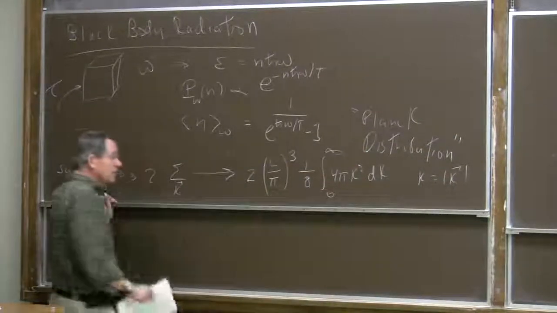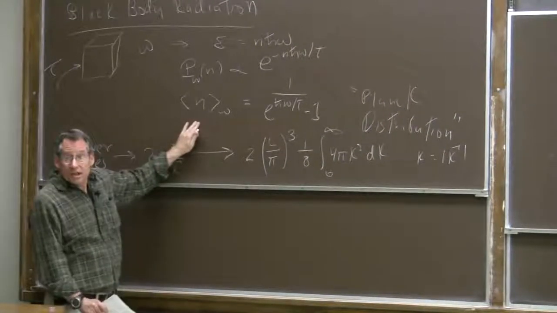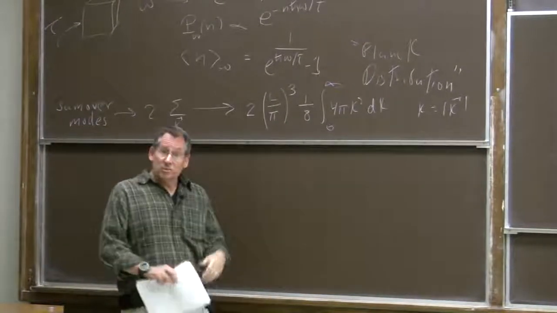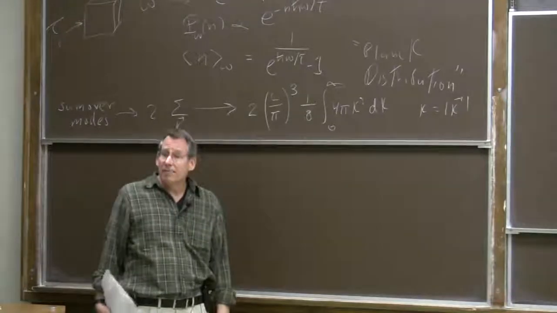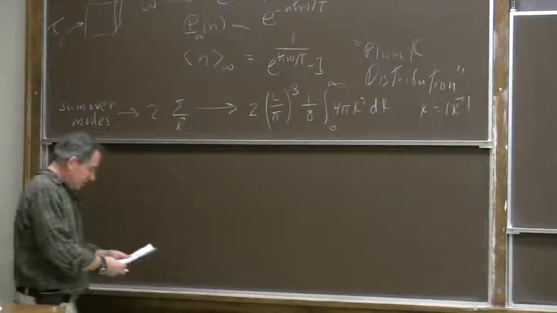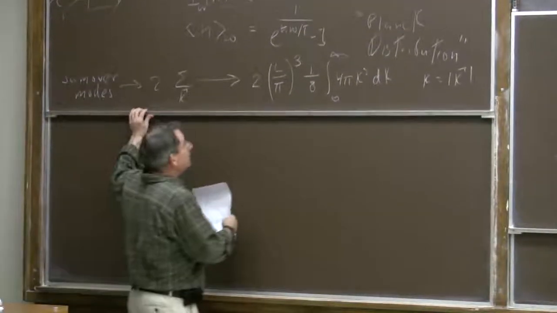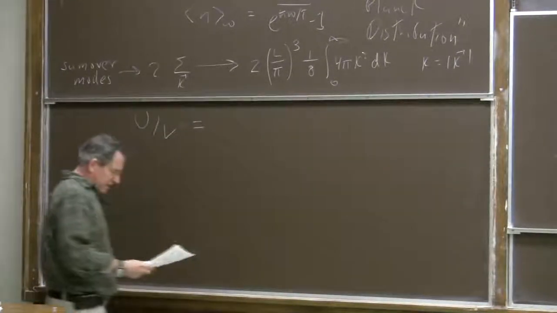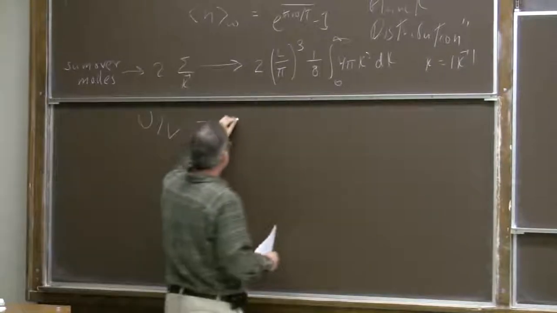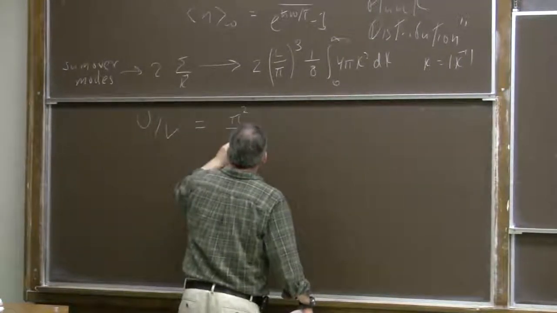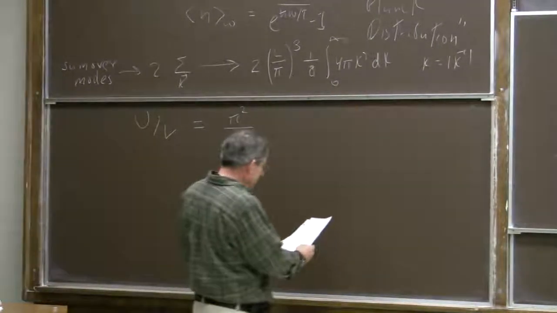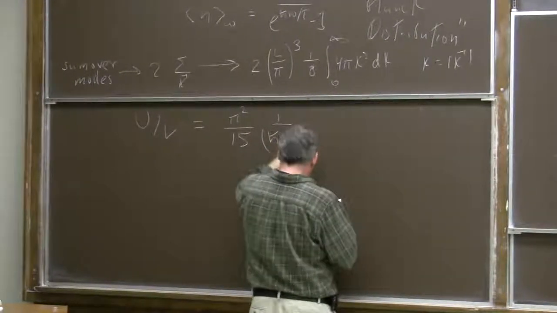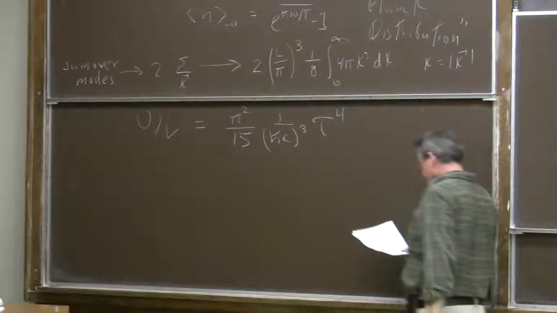And so when we do the integral, using this expression for the number of photons in each mode, so the energy is that number times h bar omega in expectation value, we got our formula for the energy per volume of the radiation, which was pi squared over 15, 1 over h bar c cubed, temperature to the 4th power.